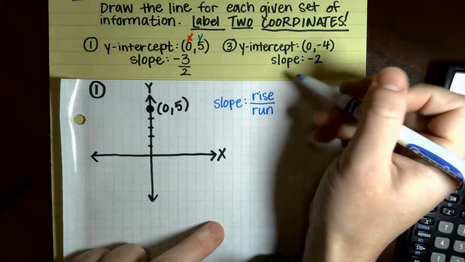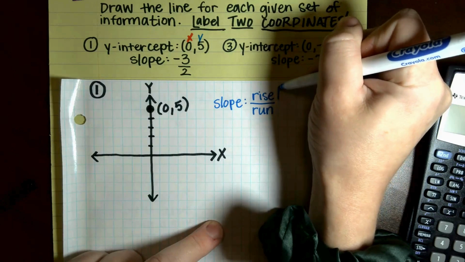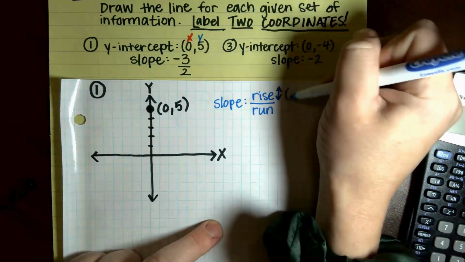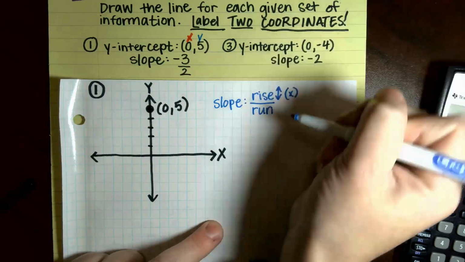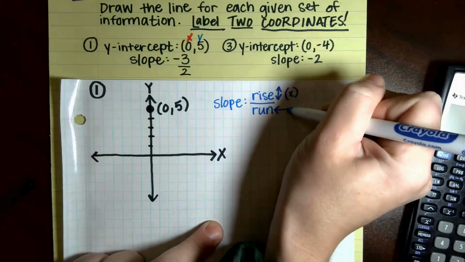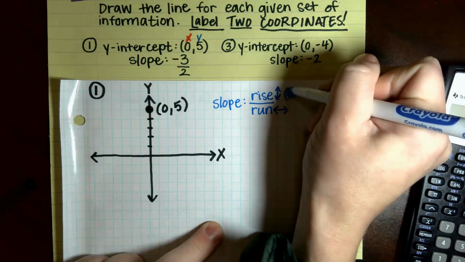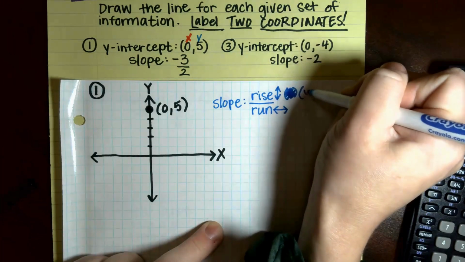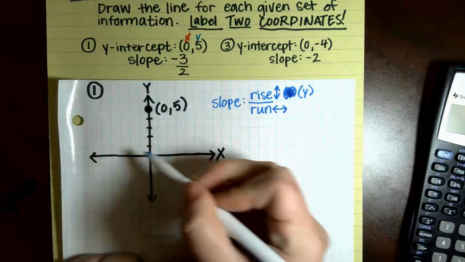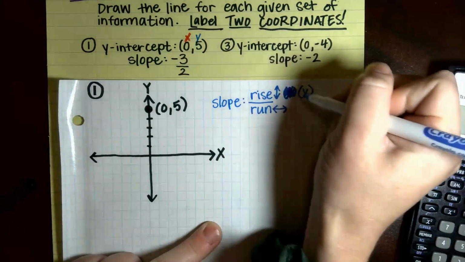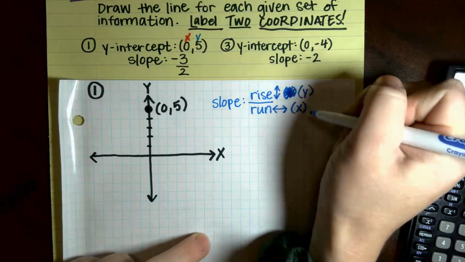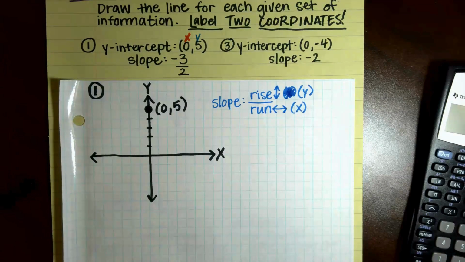And our rise is that up and down, so it's really the y direction. Oh, sorry guys, I wrote x, I meant to write y. This is the y direction, and our run is left or right in the x direction. My bad. Hope I didn't confuse anybody too much there.